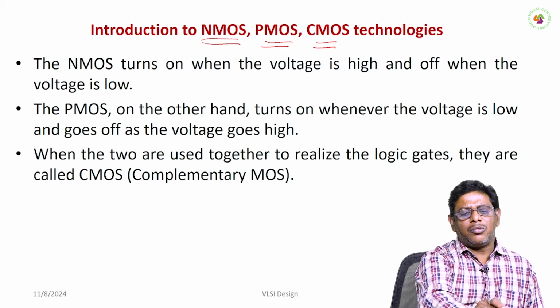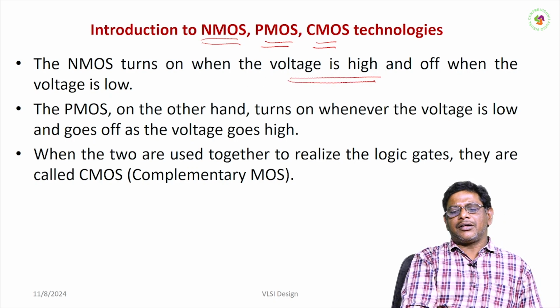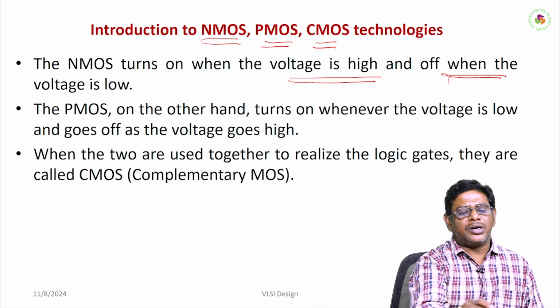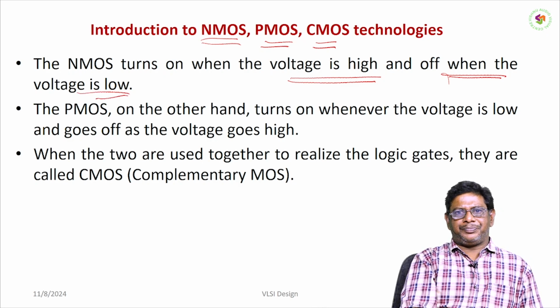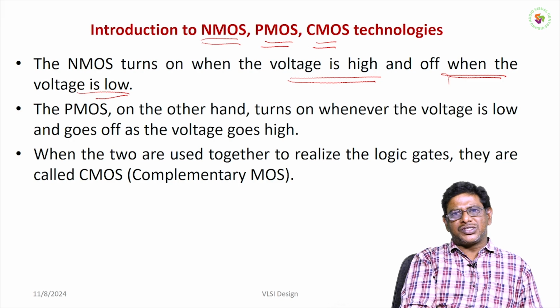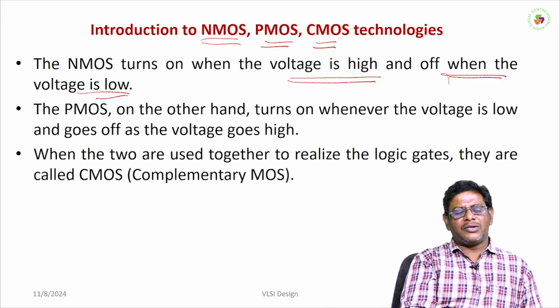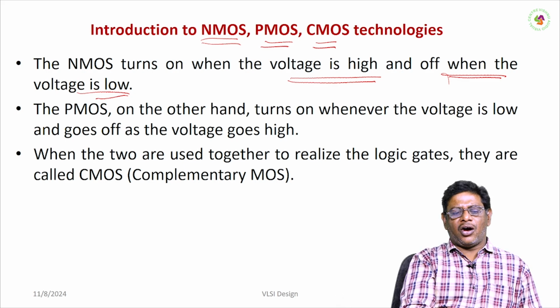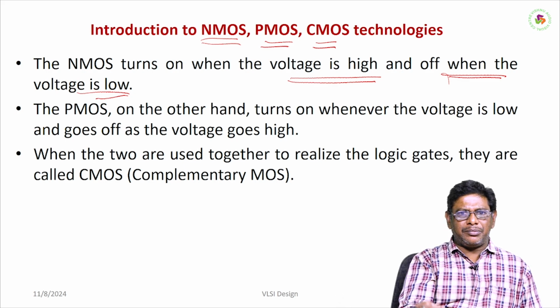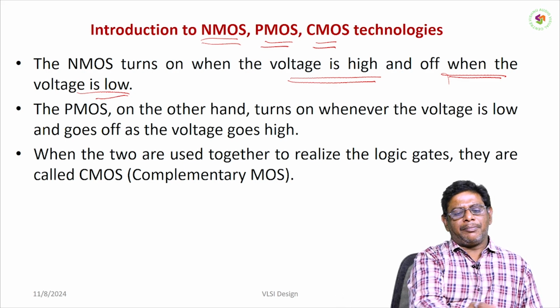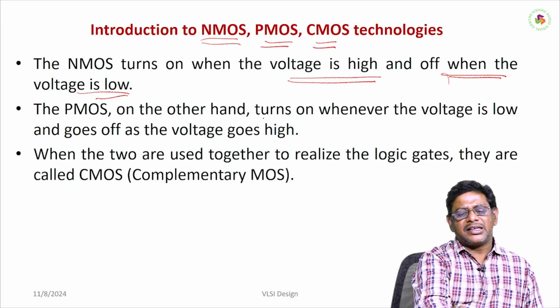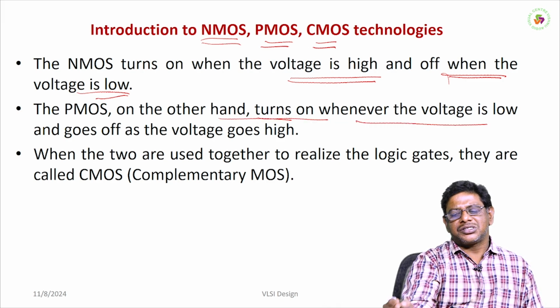So considering NMOS, it turns on when the voltage is high and off when the voltage is low. So when the input voltage is high, the NMOS transistor is going to switch on. When the input signal is low, we can say that it is acting like an off switch. And the same thing inverse for the PMOS transistor, it turns on when the device is under low voltage.